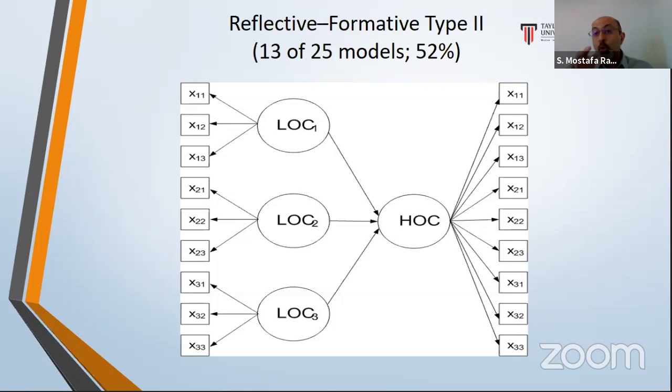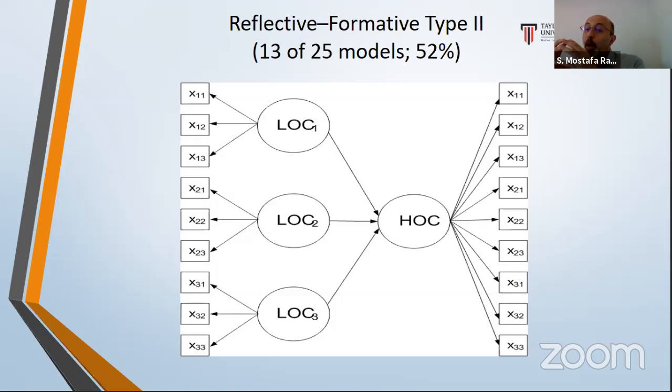Based on literature, when we have this type of second order, dimensions most of the time cover all aspects and areas that can establish our construct. So this can be the difference between composite and formative.